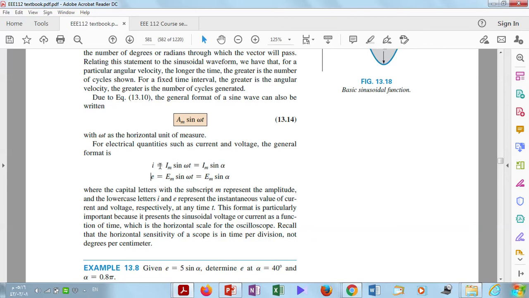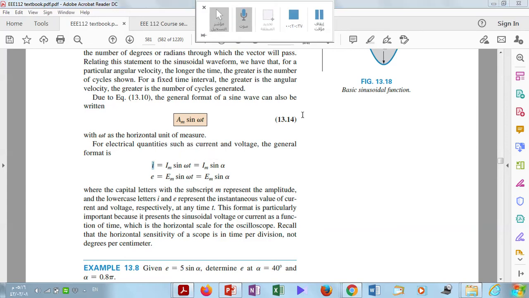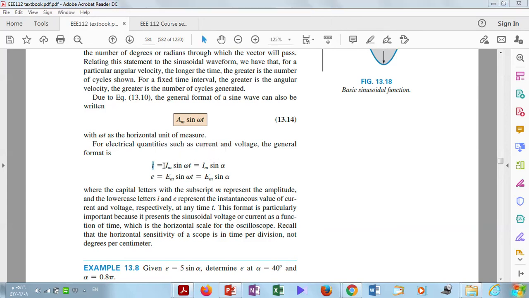When you start with small letters, this means you will write a sinusoidal expression, because later we will write I in capital. i small equal Im, which is similar to Am and is the peak for the current, sine omega t, or Im sine alpha, similar to voltage. Em sine omega t equal Em sine alpha.